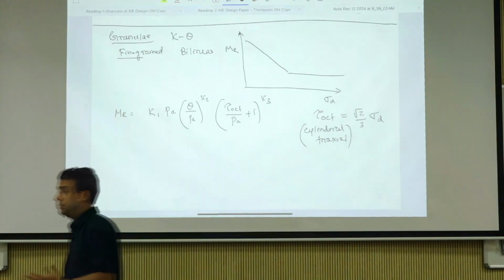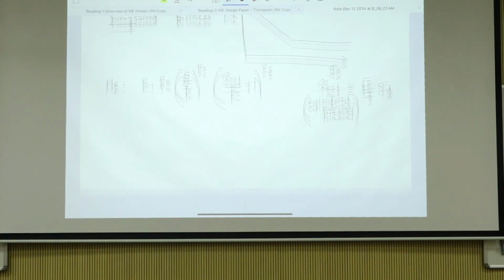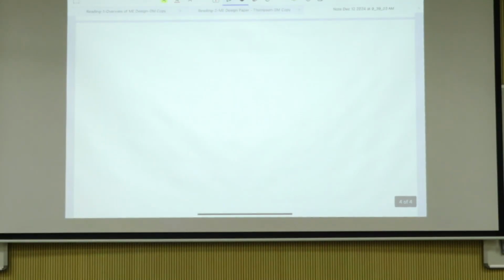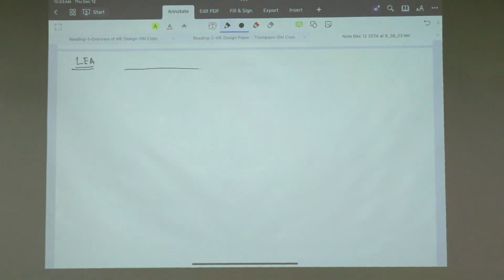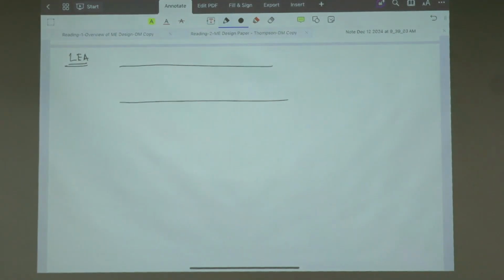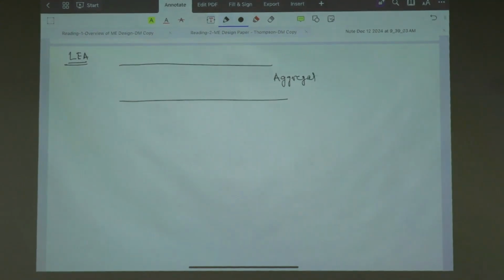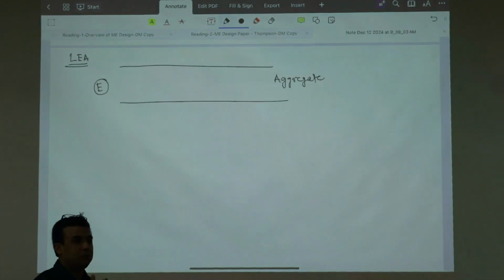So now the question becomes, what should you do? Let's just say that you are now a researcher. This is a question for all the students doing research. Now I'm doing layered elastic analysis, and I am giving you a layered elastic program. I'm going to only draw the aggregate, with asphalt on top, and I'm saying you are going to use only one E, but you have a lot of test results to support that.